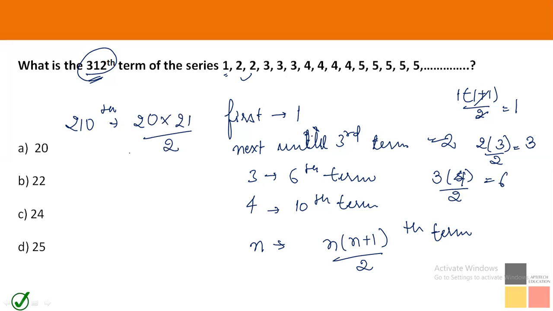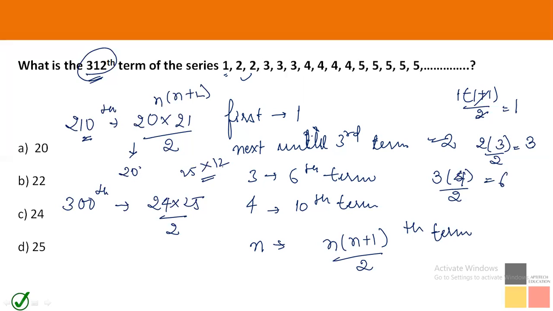But 210 and 312 are still very far away from each other. So if I find the 300th term, it is going to be 24 into 25 by 2, because I know 25 into 12 is 300, and 12 I can write as 24 by 2. So this comes out to be 300 only.